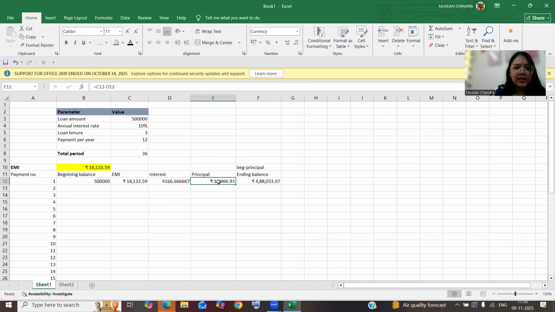Principal is C12, which is EMI minus D12, which is interest. So principal is EMI minus interest. These are the formulas.